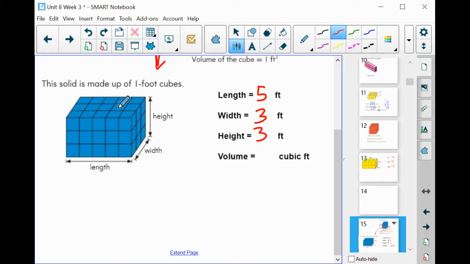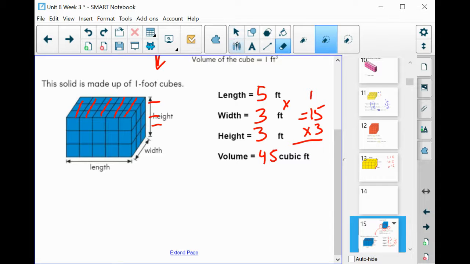Okay. Now, what we could do is we could find the area of this base or find out how many cubes make up this top part, which I see we have 3 rows of 5, aka 3 times 5. That gives us 15. And then we can look here. Do you see how we have 1, 2, 3 layers of 15? So what we're doing is we're going to end up multiplying 15 times 3. 45 cubic feet.